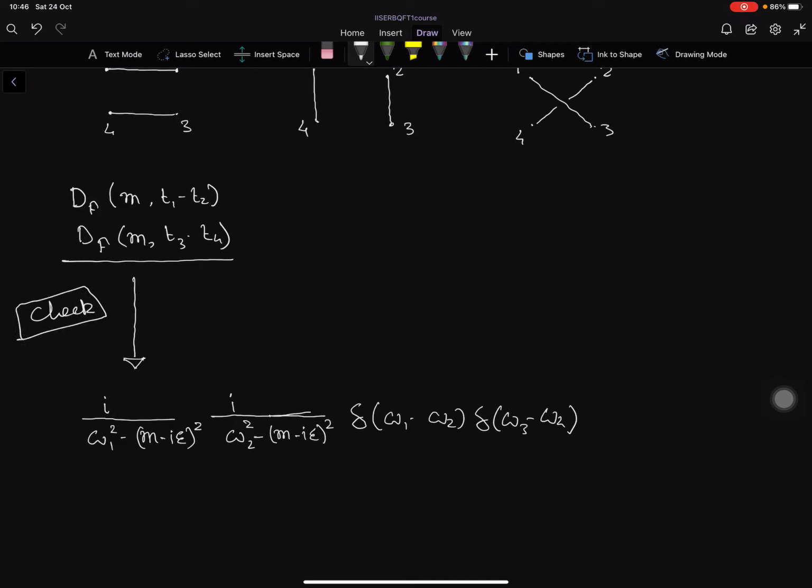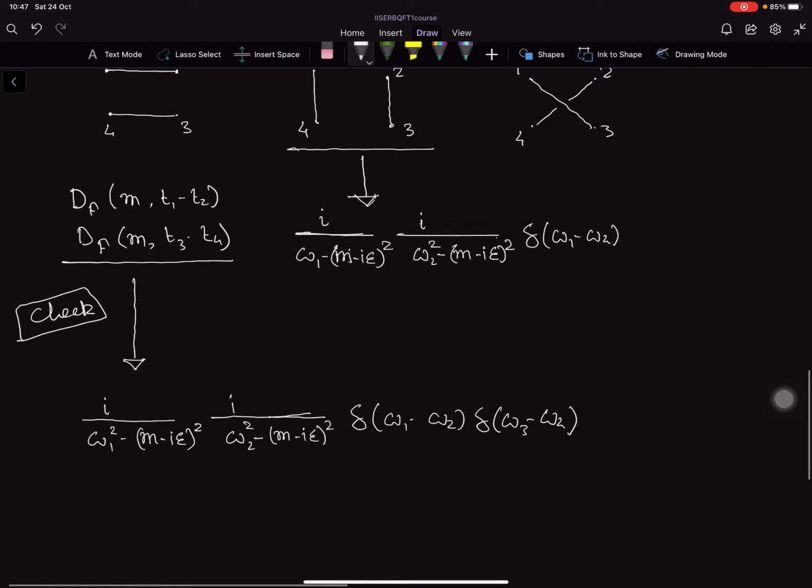It's just simple Fourier transforms. Similarly, the expression for this in the frequency space, omega 1 minus omega 4.